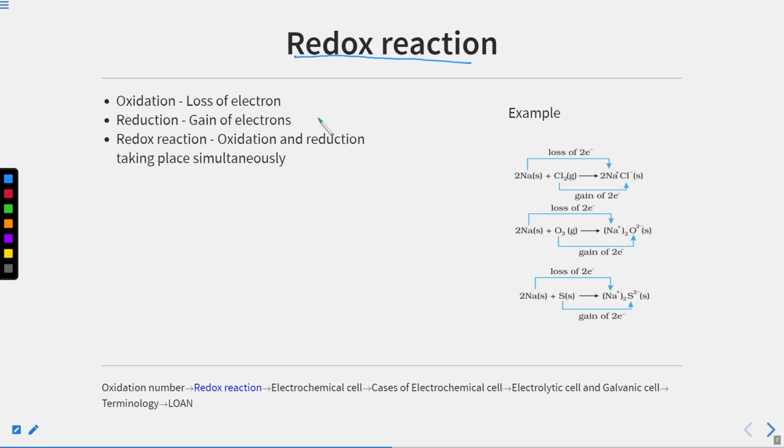Now, what are oxidation and reduction? You must have seen these terms earlier, and you have seen their definitions also, right? You must have seen these definitions: if a compound is losing oxygen or gaining hydrogen, in both these cases you said that it is reduction.